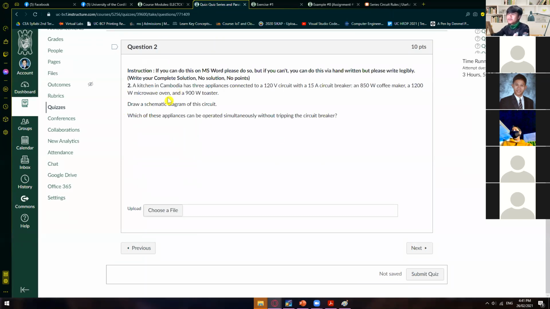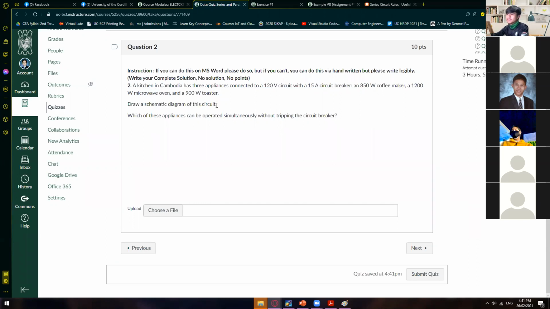I've included this one because I would like you guys to draw the schematic diagram. A kitchen in Cambodia has 3 appliances connected to a 120 volts circuit with a 15 amp circuit breaker: an 850 watts coffee maker, a 1200 watts microwave oven, and a 900 watts toaster. I would like you to draw a schematic diagram of this.